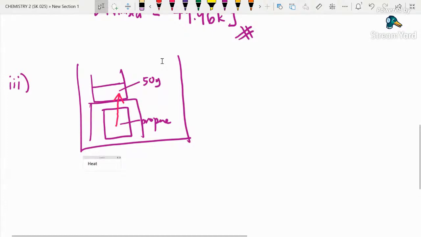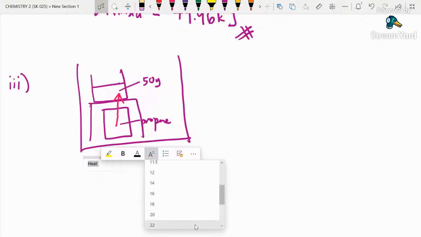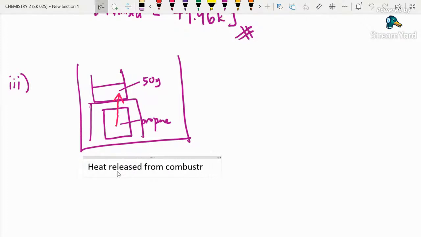Heat release from combustion of propane is absorbed by water.